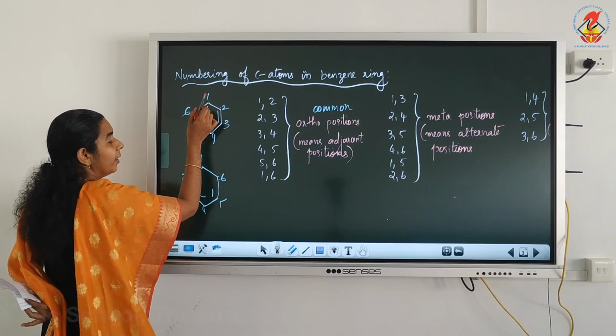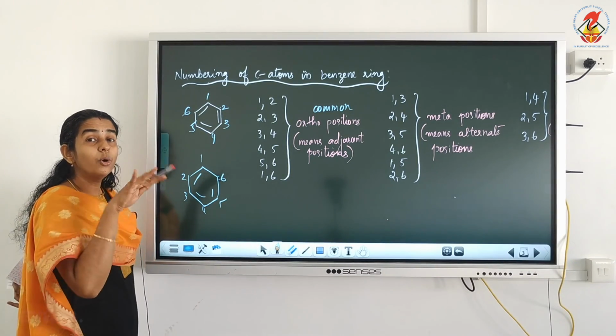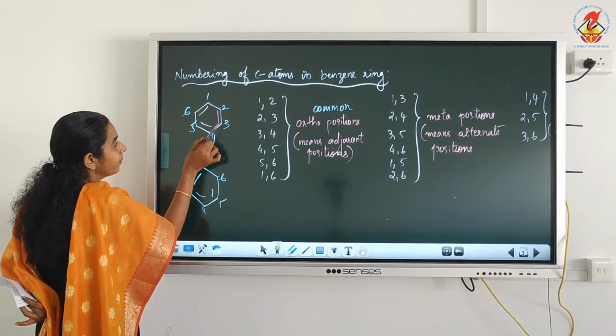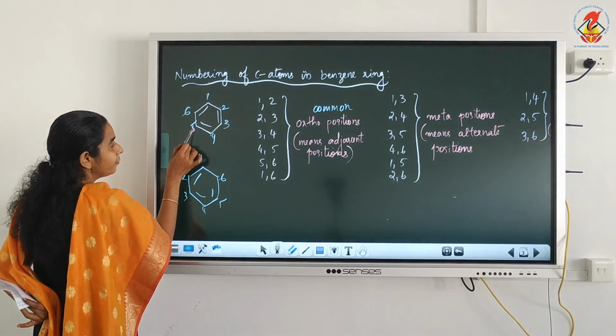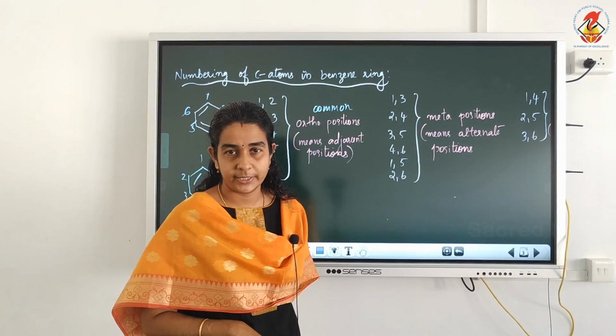Similarly, positions 1 and 3 are actually alternate positions. 1 and 3, 2 and 4, 3 and 5, 4 and 6, 1 and 5, 2 and 6, all these are alternate positions.